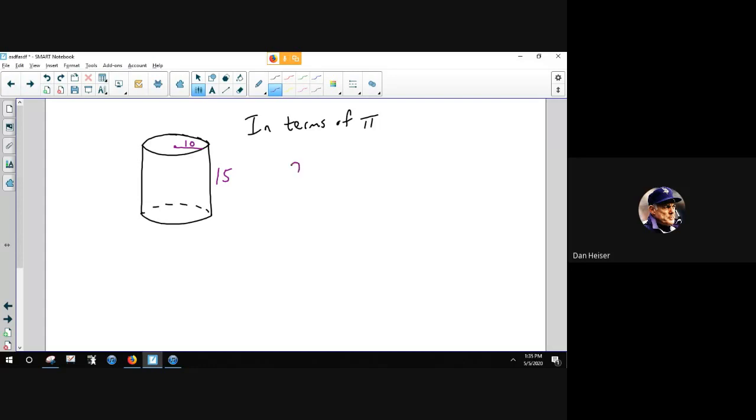Let's use this formula. SA equals 2 pi r squared plus 2 pi r h. 2 pi, radius is 10 squared. 2 pi, radius is 10, height is 15.